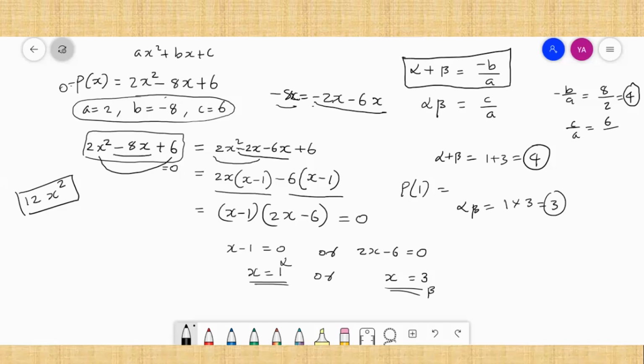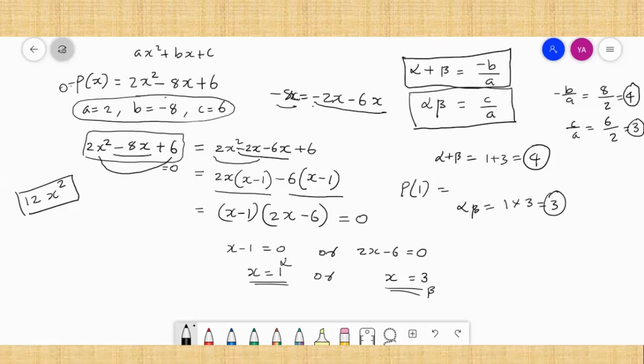A is 2, so we substitute the value 2 here. What is 6 by 2? 3. So we got alpha into beta as 3, and c by a also we got 3. So alpha into beta is equal to c by a. So both results are true in this case.